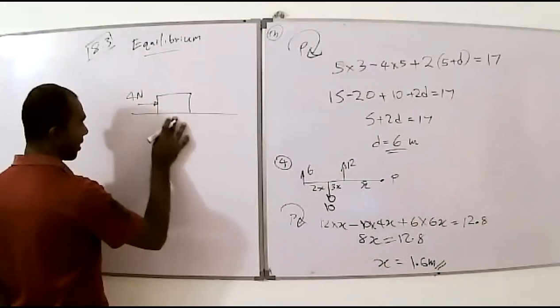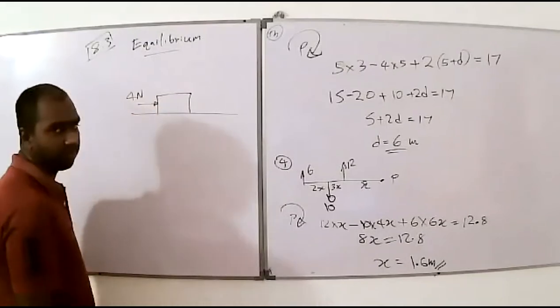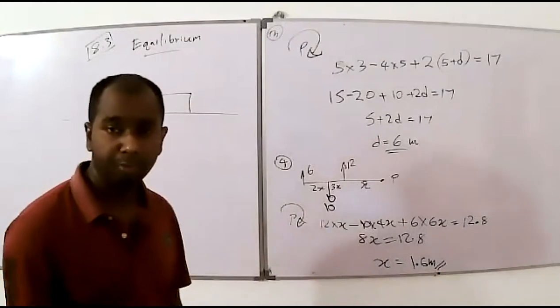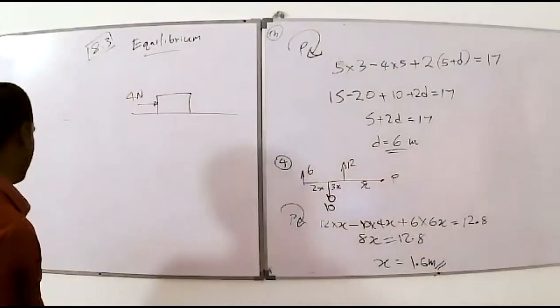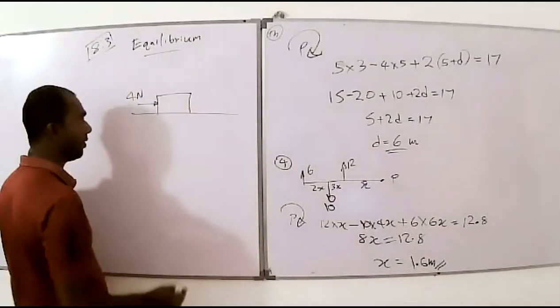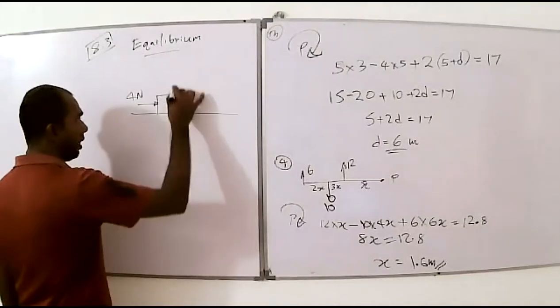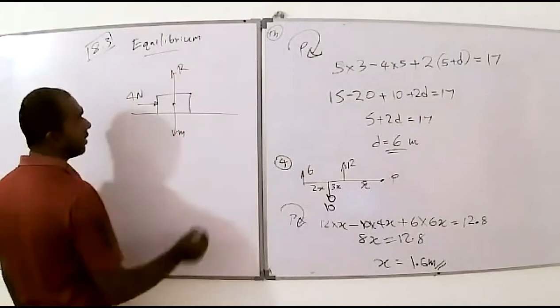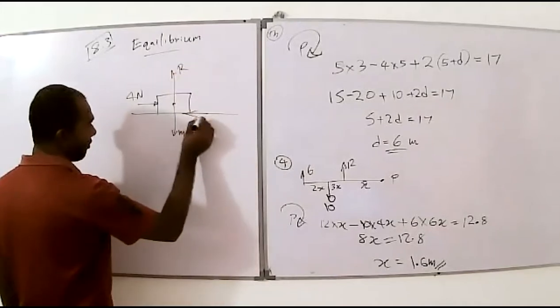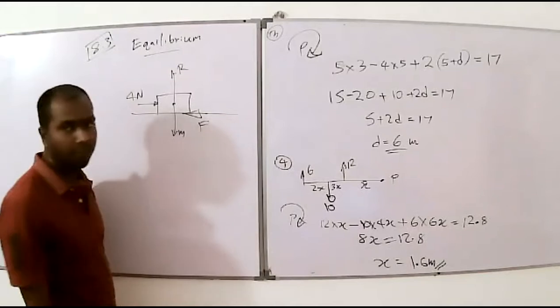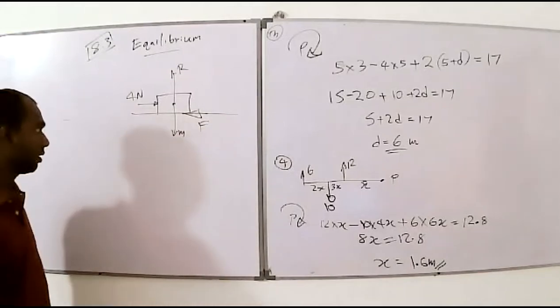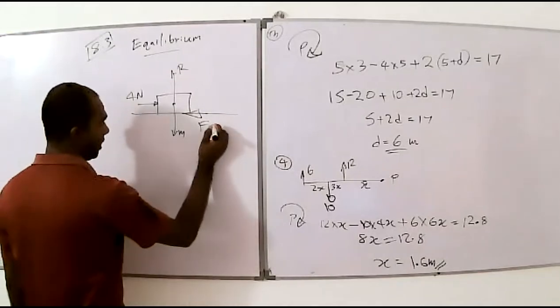Let's assume this is a rough plate. But we say this is in equilibrium, it's not moving. So if you draw the forces acting upon this one, we know there will be some mass down here, a reaction upward, and a frictional force acting upon it. So we learned those things.